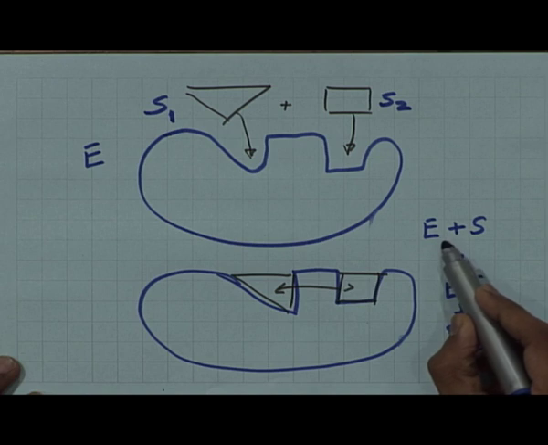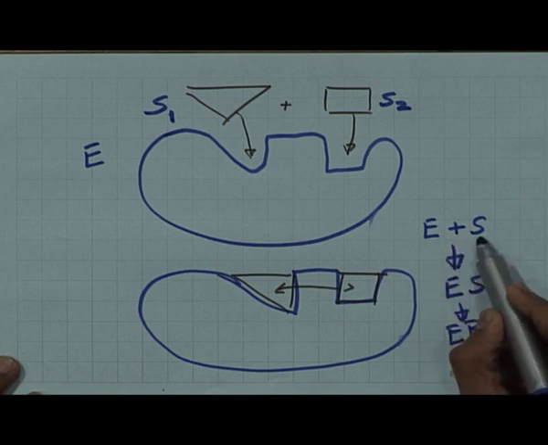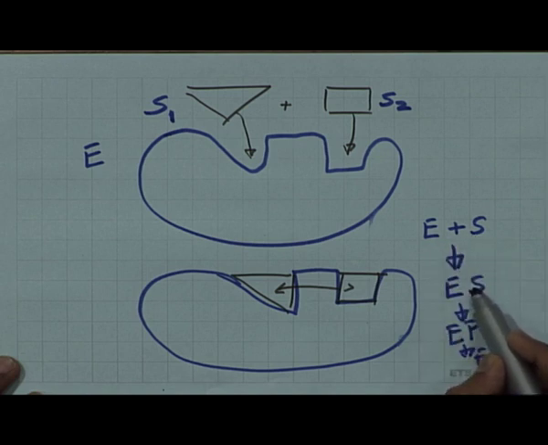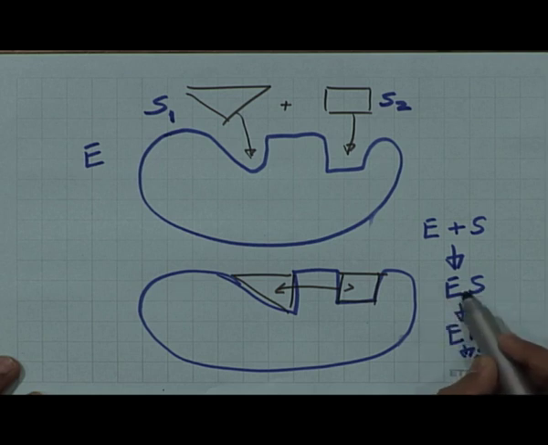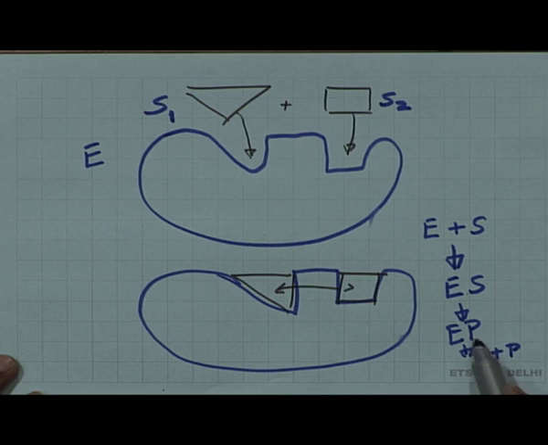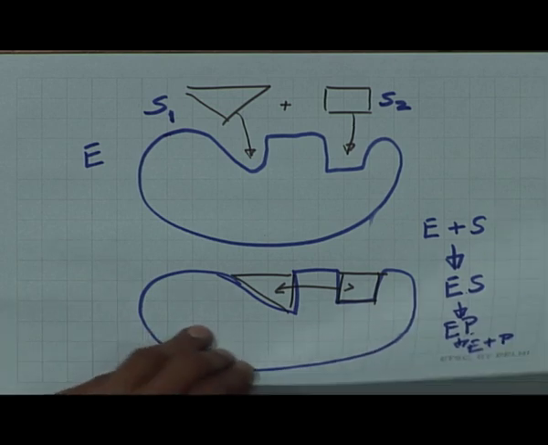So, I have the enzyme and the substrate giving an enzyme substrate complex, which undergoes a reaction with the substrate bound to the enzyme, gives you an enzyme product complex, which then falls apart to give you the enzyme and the product itself.